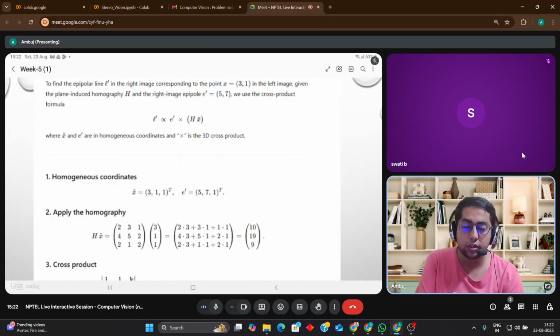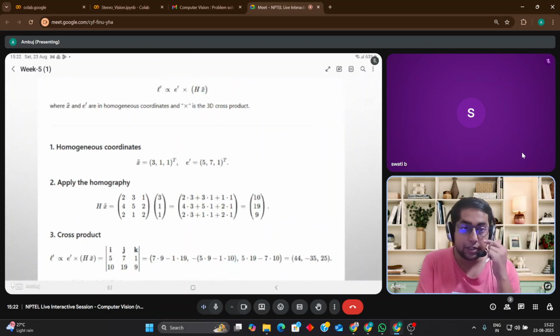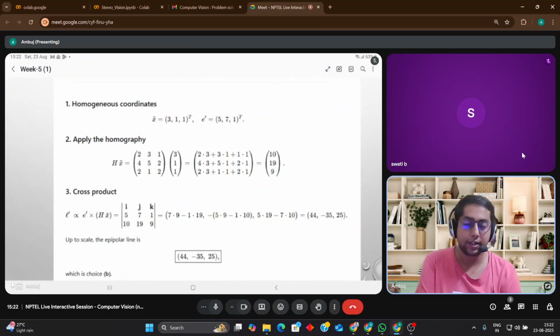You use the cross product of E dash with H x bar. x bar and E dash have been given to you. Now apply the homography H to x bar, which is simple matrix multiplication, and then take the cross product.